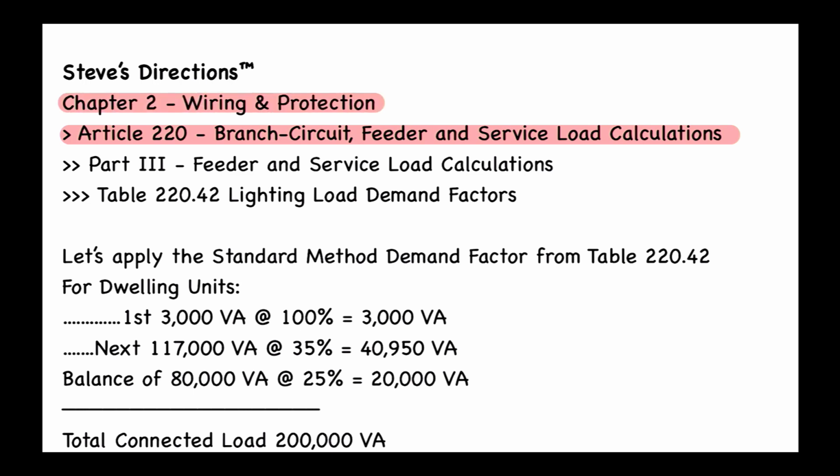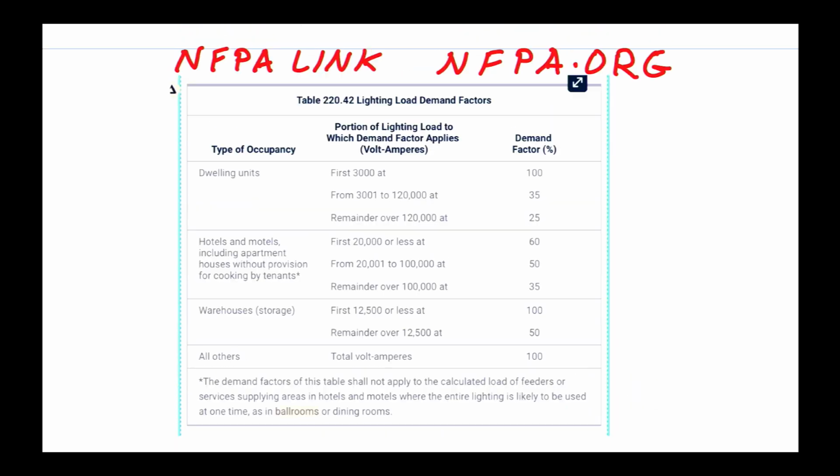Then we find Part 3, feeder and service load calculations, and then Table 220.42, lighting load demand factors. Let's go take a look at that table together in our code book.